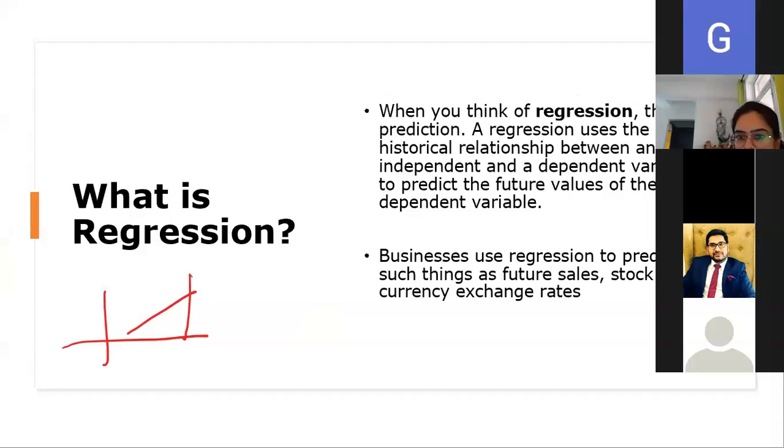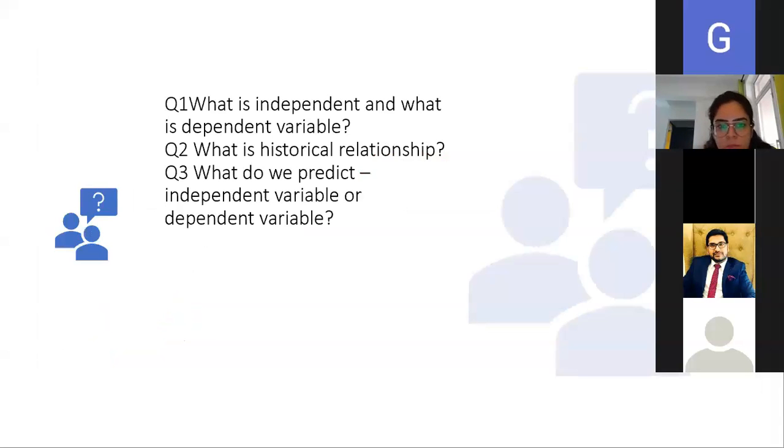Okay. So it uses a historical relationship between an independent and dependent variable. Whatever data we took is past data. That is called historical data. On the basis of historical data, whatever the relationship is between independent and dependent variable, we are using that to predict the future values.